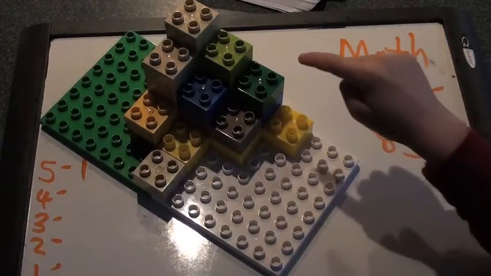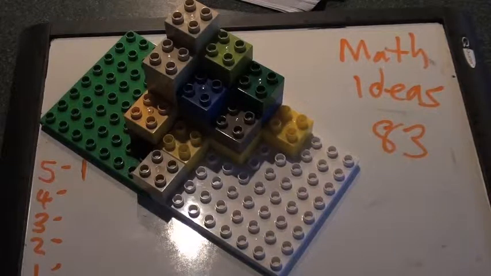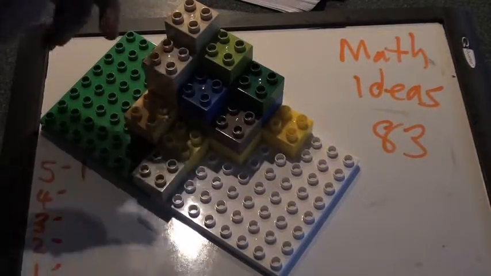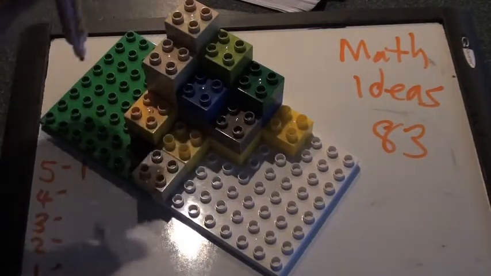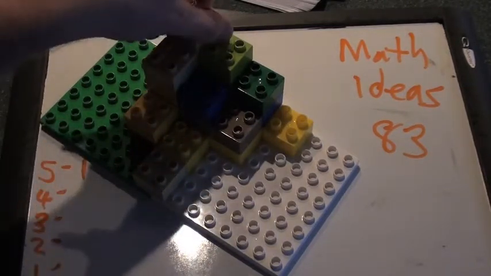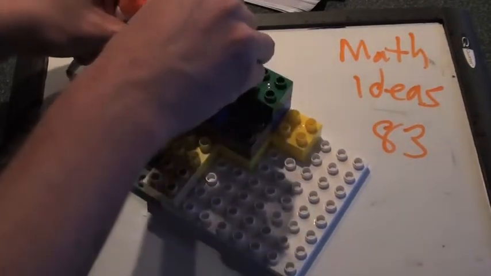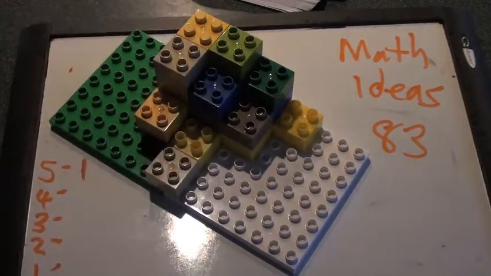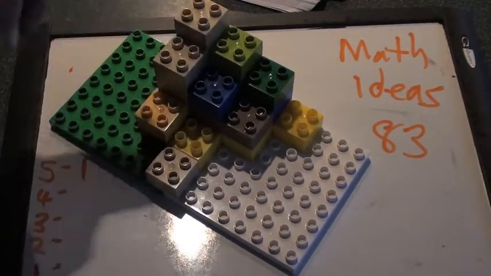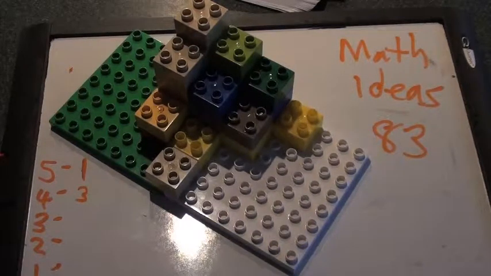Well, these 2 blocks are showing, and that block on top has to be sitting on something. Right, exactly. Very good. So we know there's 3 on that layer. Okay, good job.